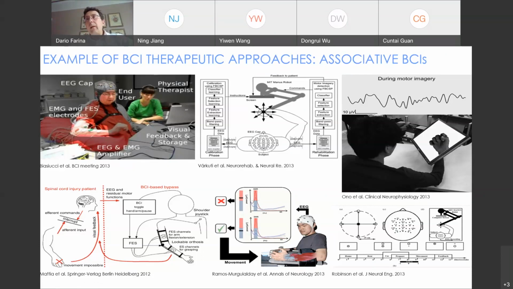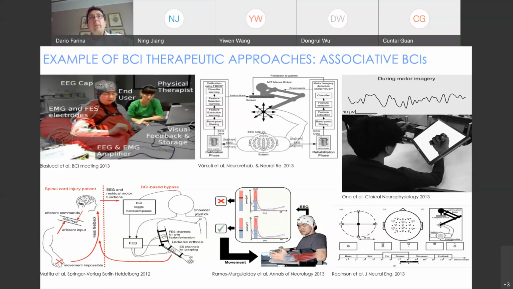And we actually have a large literature on more basic neurophysiological studies, not necessarily from the BCI literature, that tells us some of the mechanisms of induction of plasticity when we associate various types of stimulations with motor commands, and eventually with afferent feedback.